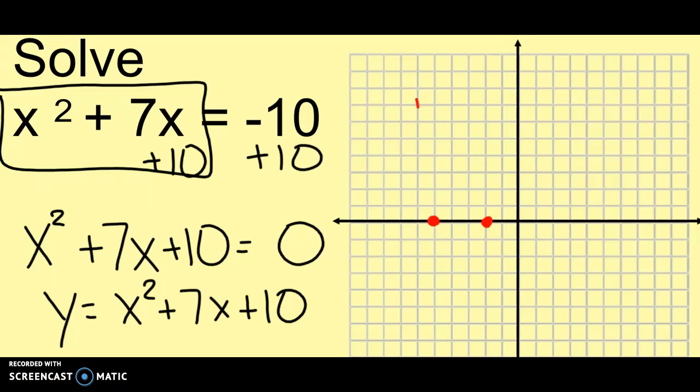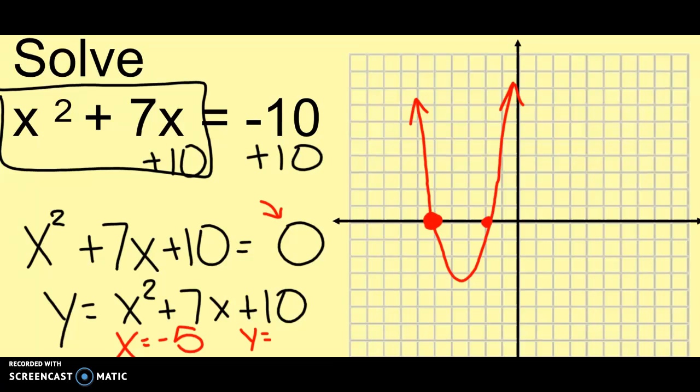Honestly, I don't have a calculator in front of me, so I'm not going to say it needs to come down this far or go up. I just care where it's crossing the x-axis. It's crossing at x equals -5 and -2. That's the whole point. You want where y is going to be 0. I'm sorry, not at y, x.